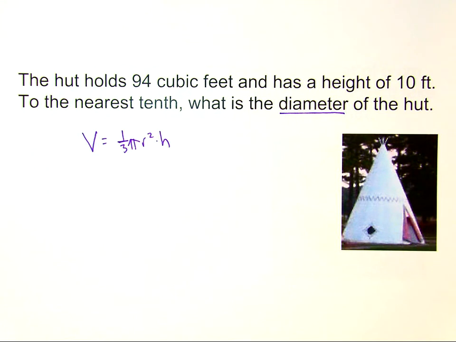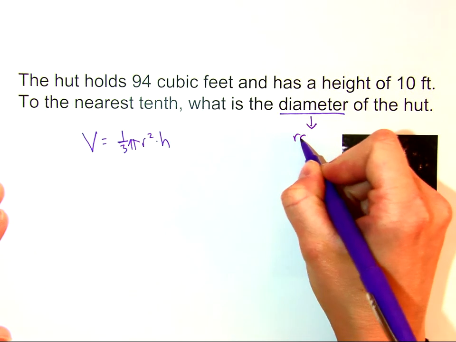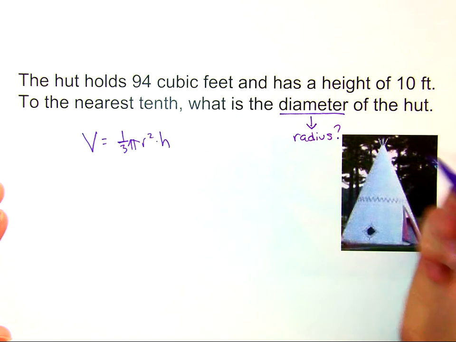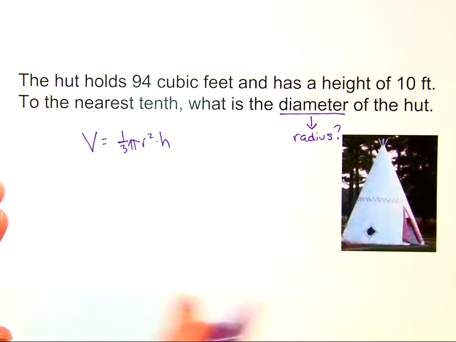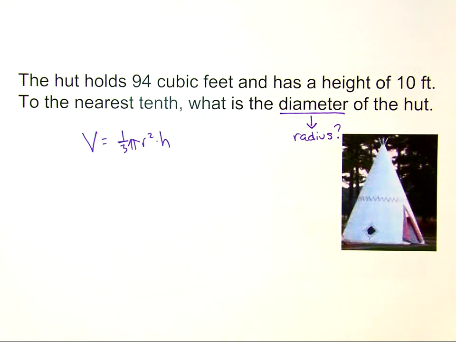But if I find the radius, I can then find the diameter. So before I can find the diameter, first I actually want to know, well, what is the radius? So just like in the last problem, first you have to find the radius, then find the diameter. So at this point, pause the video and try it on your own, then play through to see the answer.